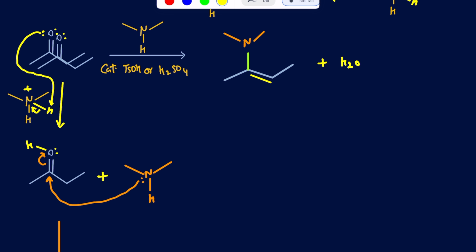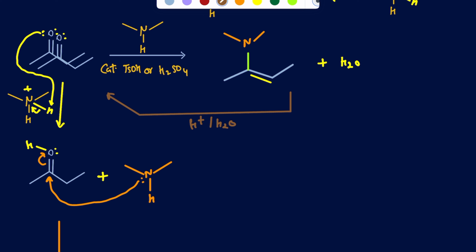Like I said, these reactions are reversible. If I'm using just an acid catalyst, no water at all, with an enamine, then it will go forward to make this enamine and release the water. But if I have this enamine produced here and I want to make sure it goes back, I can hydrolyze this under acidic conditions, but I will use a lot of water in this case.